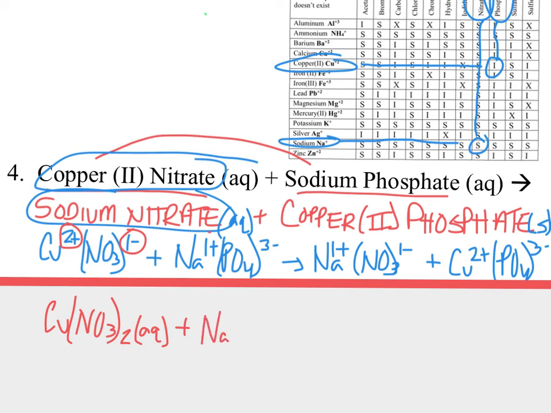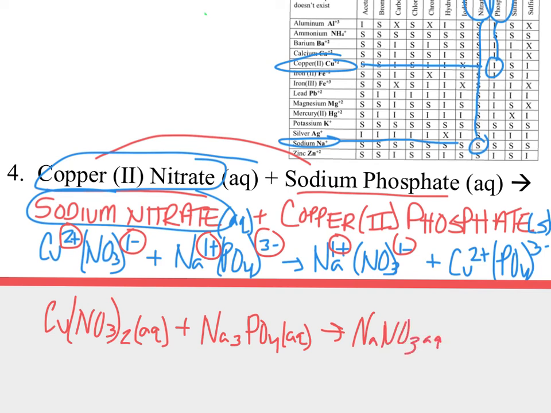Sodium's +1 and phosphate's -3. So that means you're going to need 3 sodiums to balance out with one of those phosphates. All right, that's aqueous as well. Next up is sodium nitrate, +1 -1. Means that comes together 1 to 1, and that is aqueous as well. We already checked that, right? Aqueous right here. And then the last one is copper 2 phosphate.